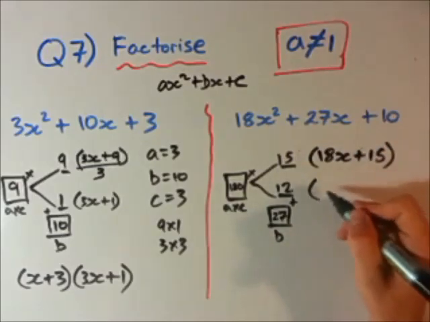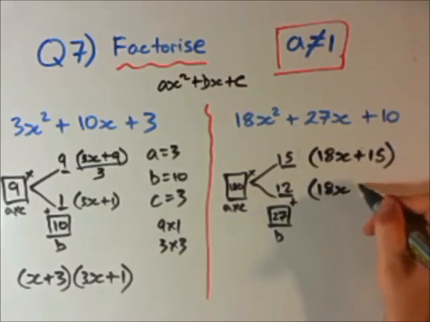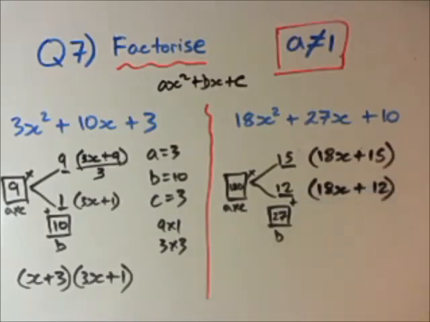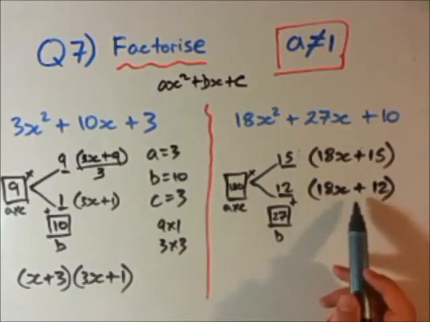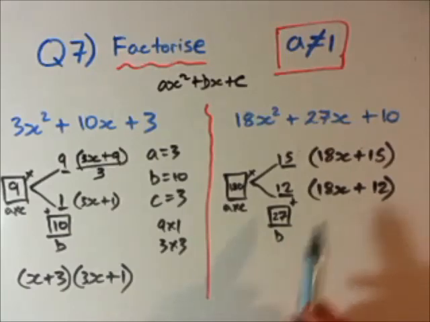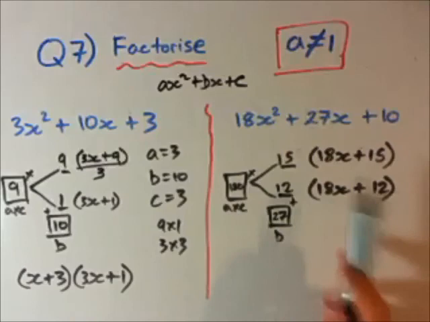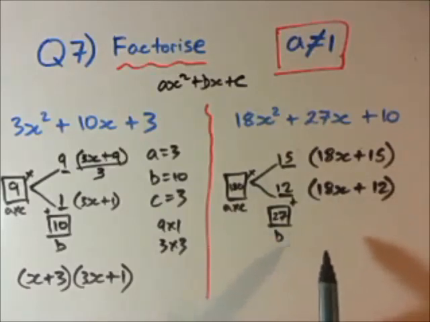And this one here will be 18x plus 12. So I now need to divide one of these two brackets by 18. Now I'm going to get a fraction regardless of which one I choose, but if I choose the bottom one, I'll end up with a nicer answer than the top one, because 12 divided by 18 will end up with a prettier answer than 15 over 18 after I simplify.